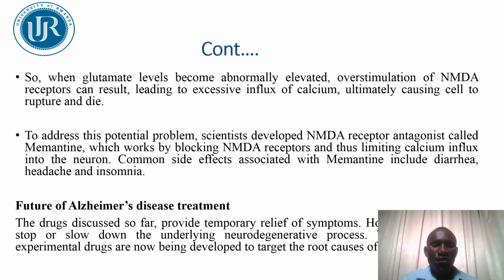Now, the future of Alzheimer's disease treatment. Since we have known the different hypotheses of Alzheimer's disease, where we have talked about the involvement of amyloid proteins and tau proteins, scientists are looking at the possibility of targeting these proteins that are causing Alzheimer's disease, so as to bring about holistic treatment in this condition.